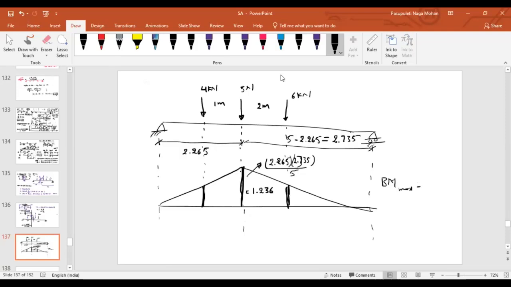Quickly, can you tell me these ordinates at least first of all? Is it okay, first of all, how to find the absolute maximum bending moment?